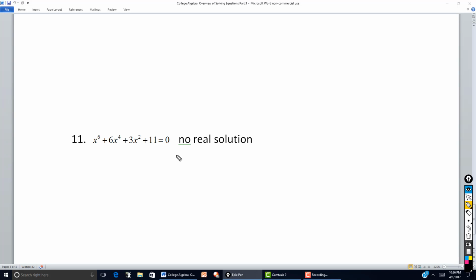Okay. So the only question is, do I have a possible positive or negative solution? Well, notice if I were to plug in a positive number for x or a negative number for x, because of the even powers on the x, this part right here is never going to be negative.